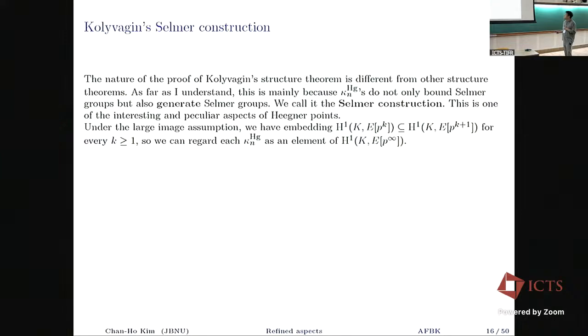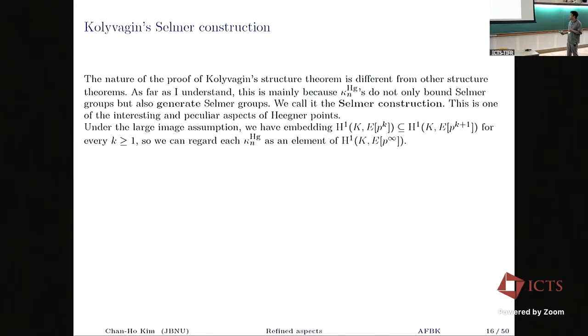The nature of the proof of Kolyvagin's structure theorem is different from other structure theorems. As far as I understand, this is mainly because these kappa_n Heegner classes not only bound Selmer groups, but also generate Selmer groups. So we call it the Selmer construction. This is one of the interesting and peculiar aspects of Heegner points.